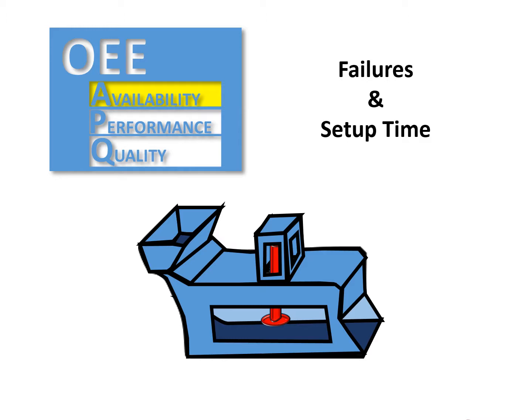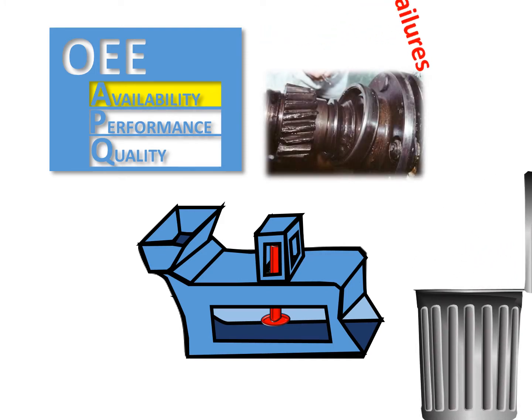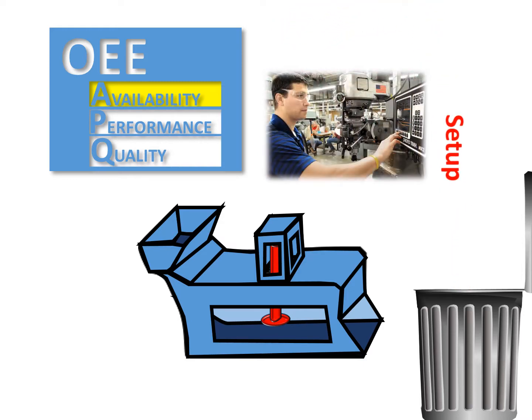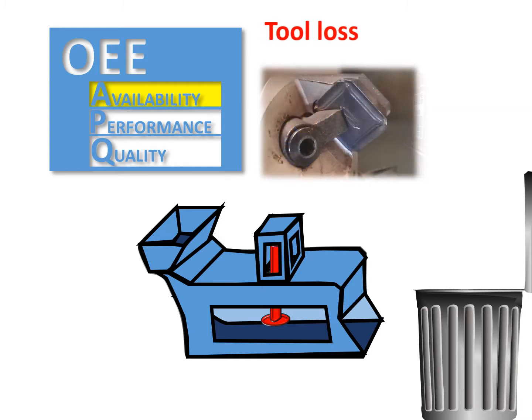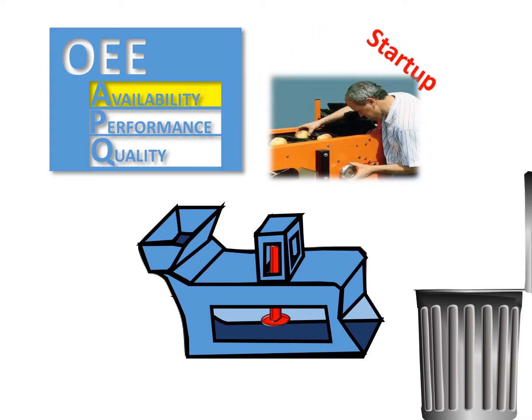sitting in a dunnage. Some of the areas of downtime loss to be considered are failures like the shaft getting stuck, setup or changeover time, cutting tool loss due to breakage, replacement or adjustment, and startup loss. In most operations, there is some period of time between when the machine is technically runnable, but perhaps not making acceptable parts.